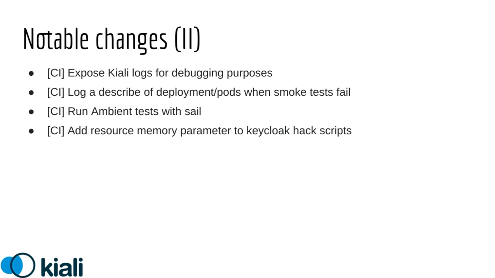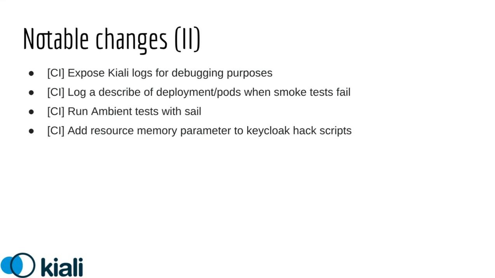We have modified the GitHub job to run all the tests in Ambient with the sail operator. Previous to that, Istio was installed using istioctl, but it was modified to use the sail operator, and I think now all of these jobs are running sail.